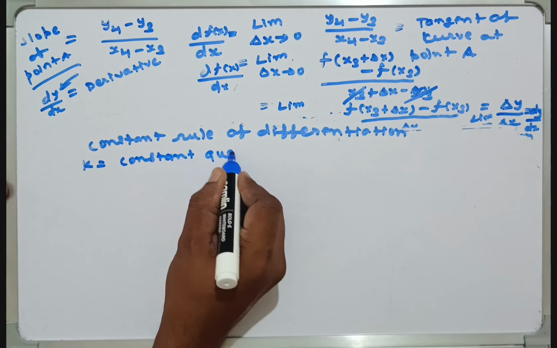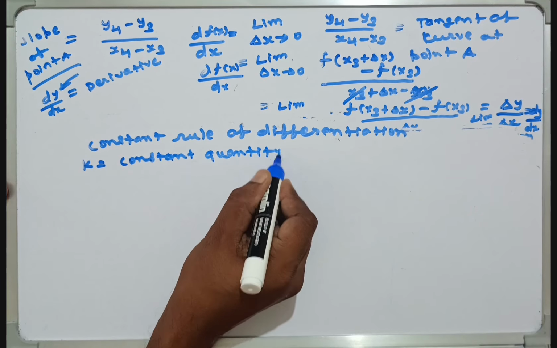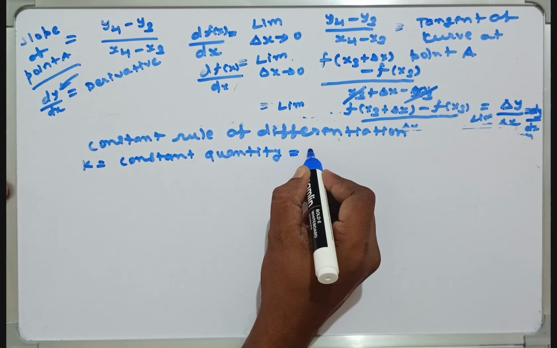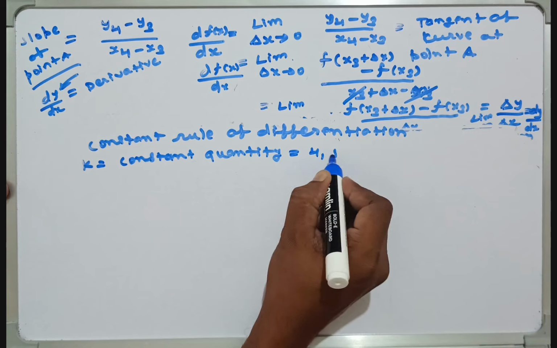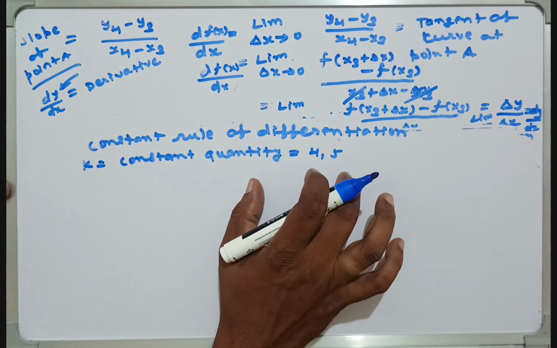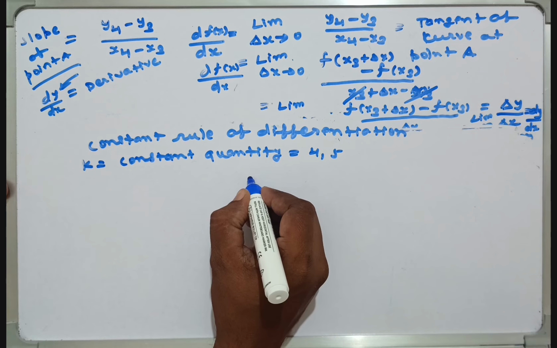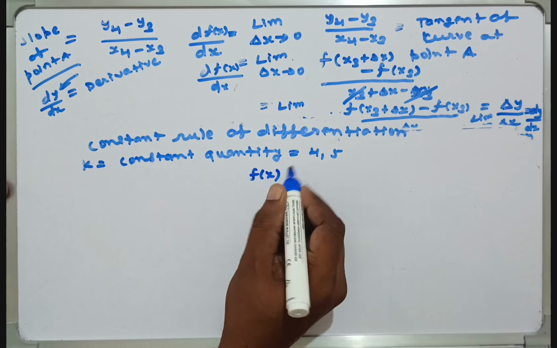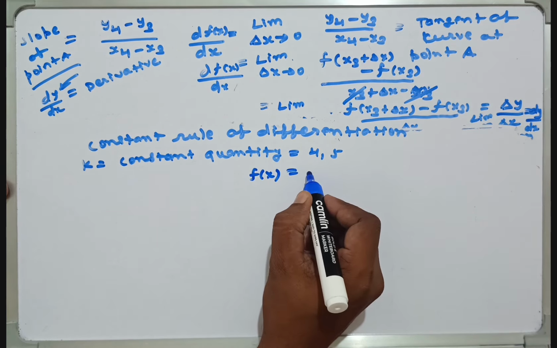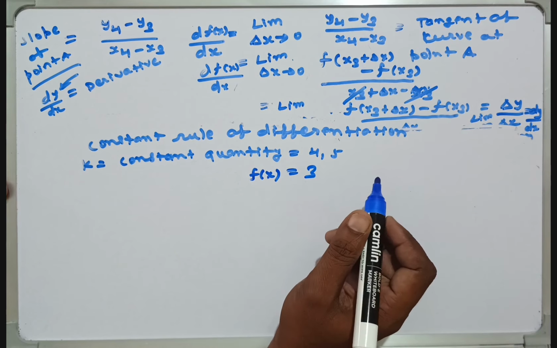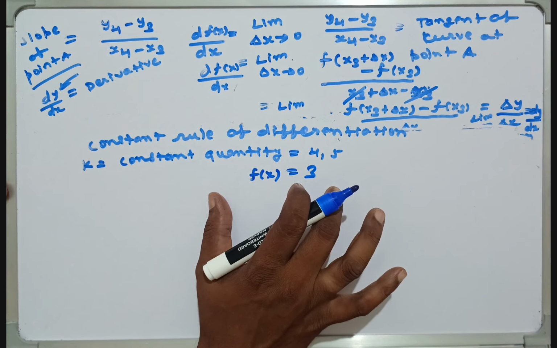Constant means, suppose it is 4 or 5, not varying with any independent quantity. Suppose here f(x) equals 3. What will be the derivative?